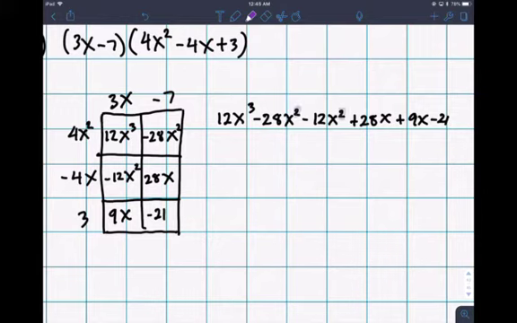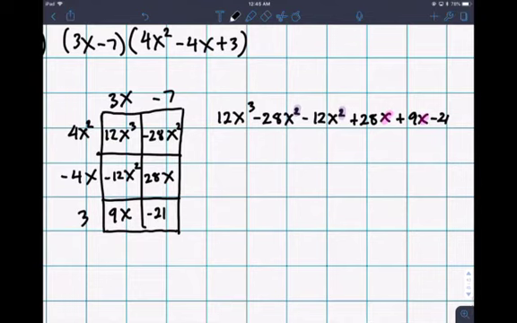X squared, x, and nothing else. So when I combine my like terms, this is simply 12x to the third power, negative 28 minus 12. So you're going to have negative, more negative.